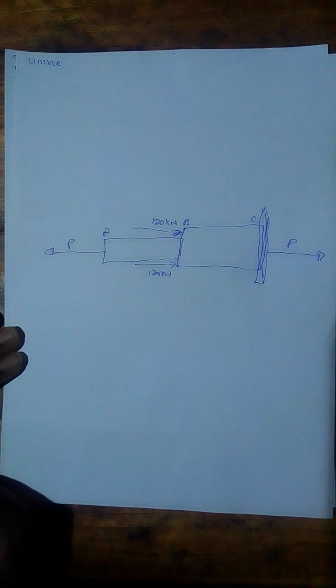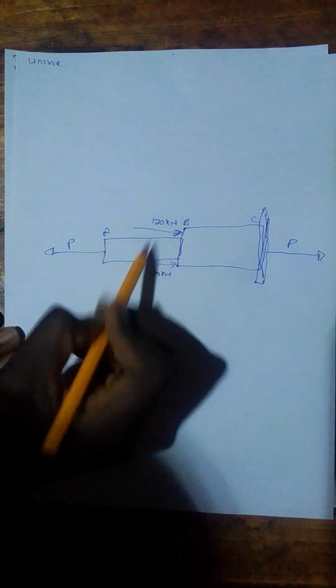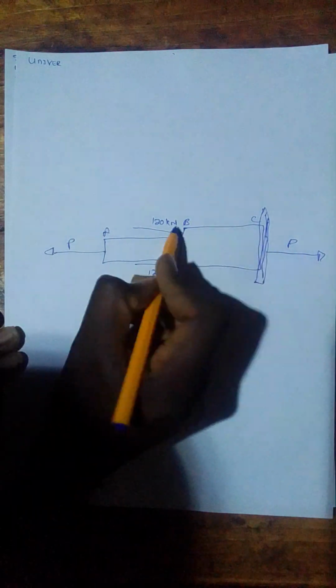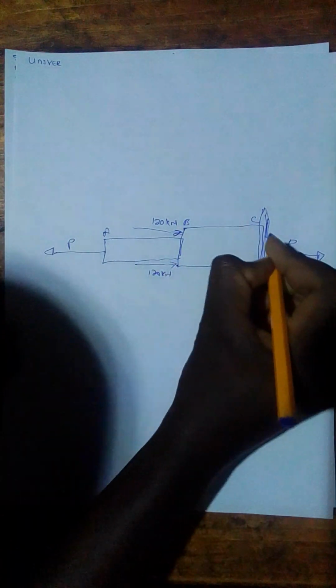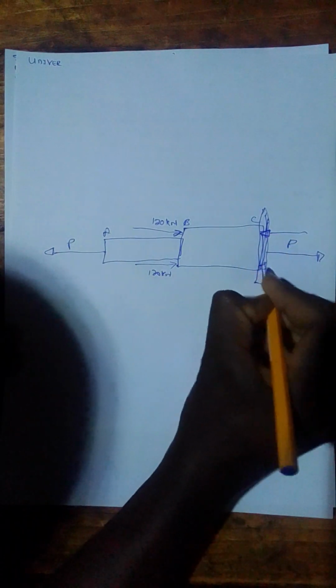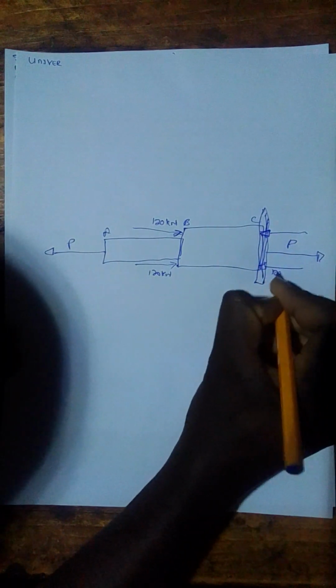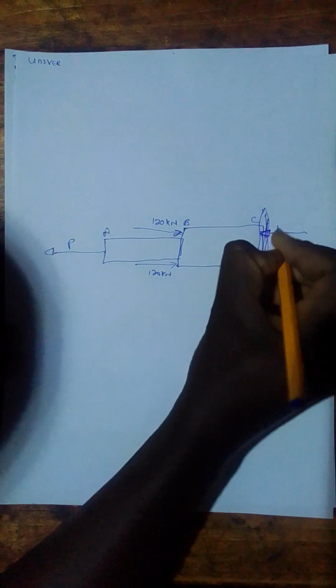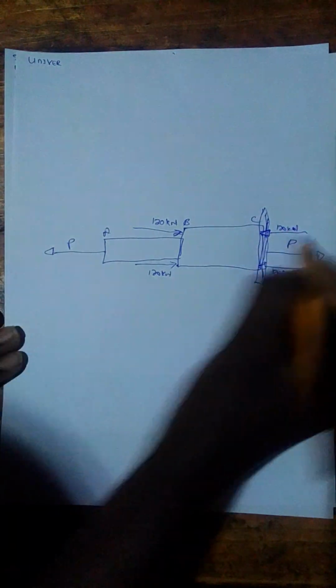In the same way, because these two forces are causing compressive stress in rod BC, Newton's third law says the wall is also applying the same amount, 120 kilonewtons each.